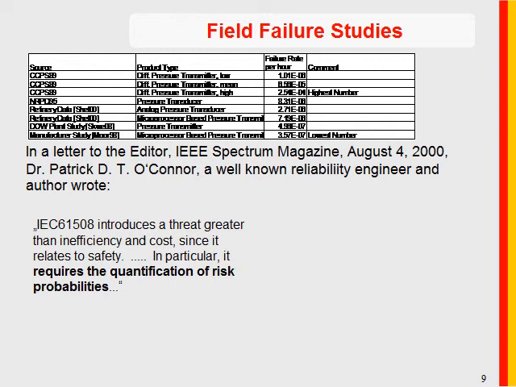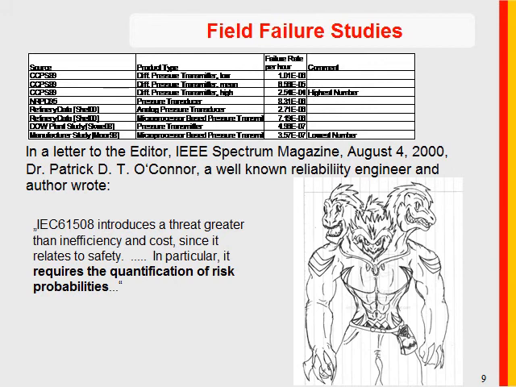And finally he said at the end, in particular, it requires quantification of risk probabilities. And I was thinking, as if risk probabilities were some huge three-headed monster that no one could ever face. Well, Dr. O'Connor, it's not that bad. It wasn't that bad then, and it's even better now.